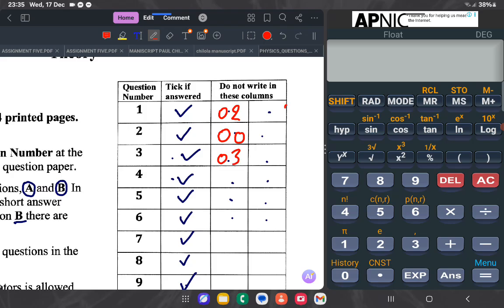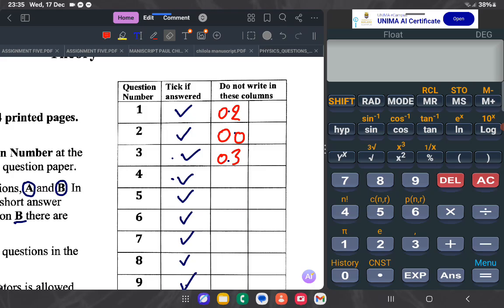Alright, this column is not for the markers, it is for the senior examiners. The senior examiners are the teachers who check already marked scripts if they have been marked according to the standard, according to the requirement.